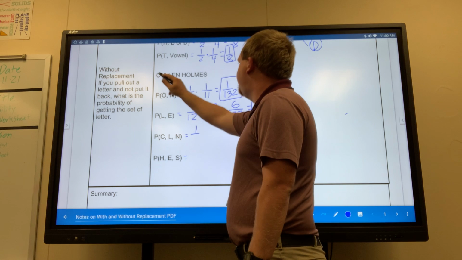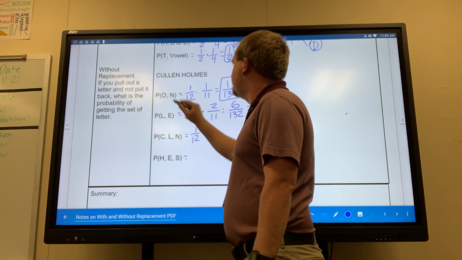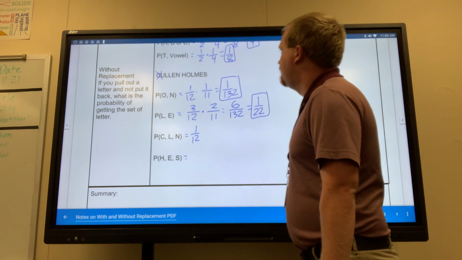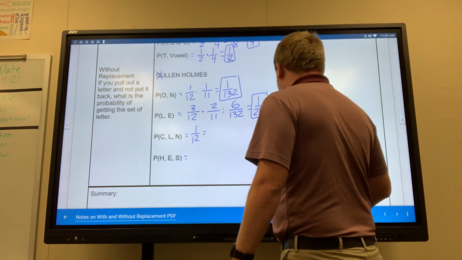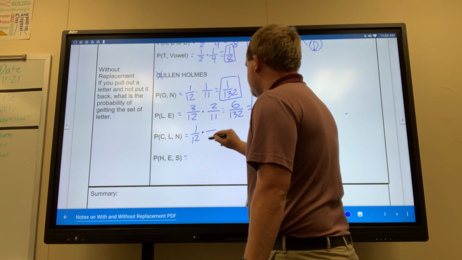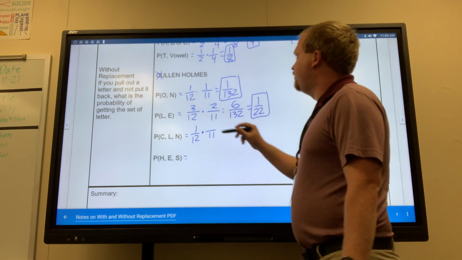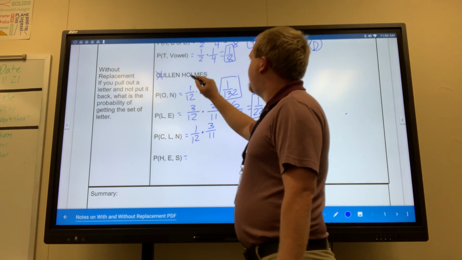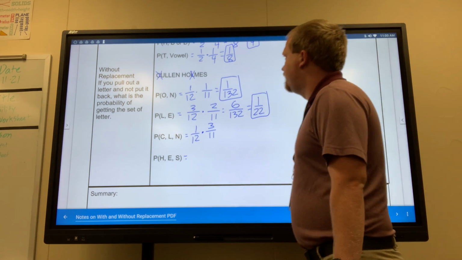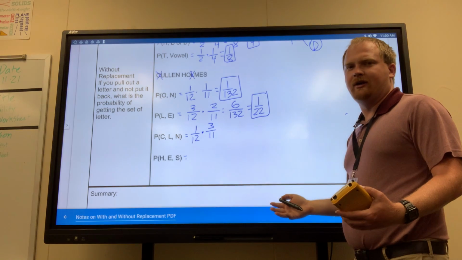That's 1 C out of 12 letters. If I pull it out, how many do I have left? I have 11. Now I still have my 3 L's, so I'm going to say 3. Now imagine if I pull this one out. How many letters do I have left?